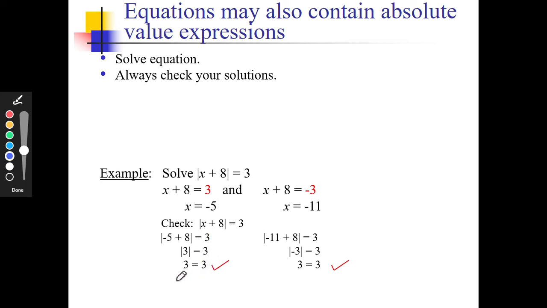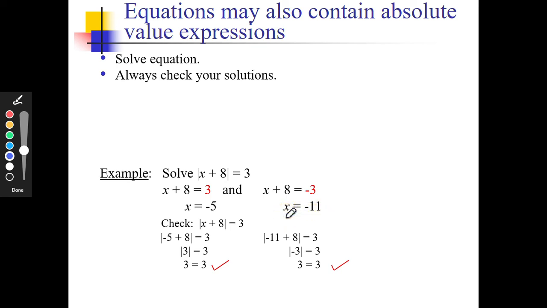Now, because the left-hand side is equal to the right-hand side, this solution is true. It's a true solution. Let's go on this side. Let us see if this solution is a true solution.